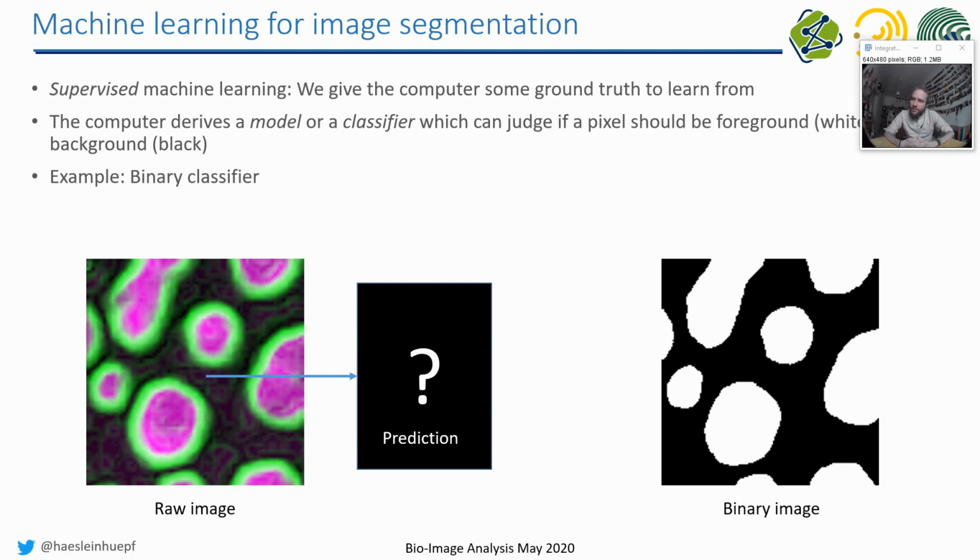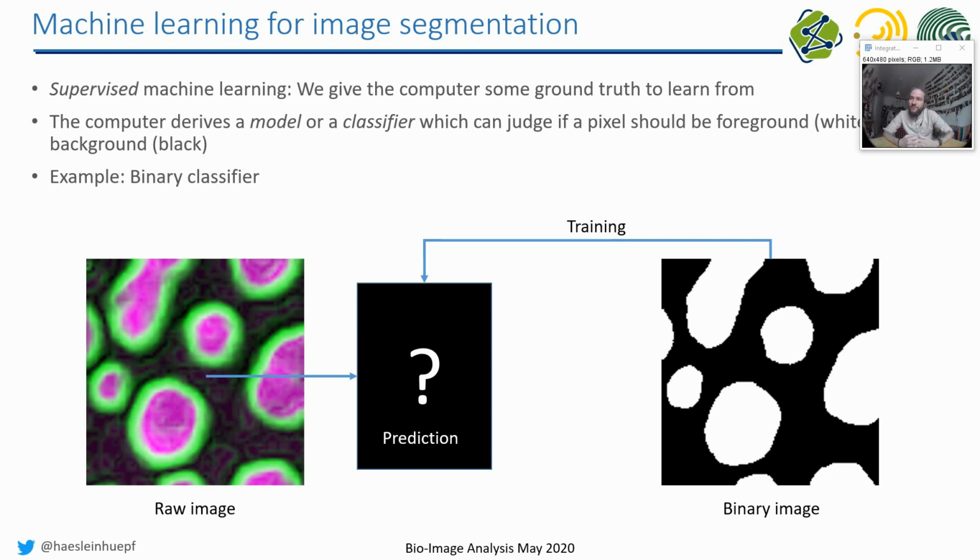If we talk about machine learning in the context of image segmentation, we usually have a ground truth, or we can make a ground truth. So somebody can sit in front of the computer and outline some regions or generate a binary image in whatever way. And we can take this binary image as ground truth for training an algorithm. So, and that's what machine learning says.